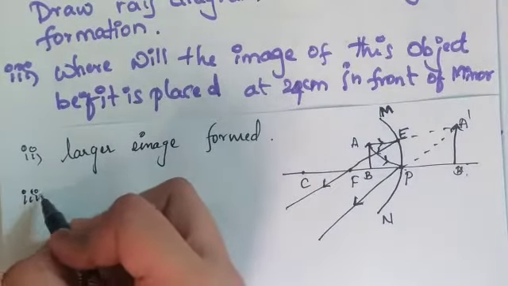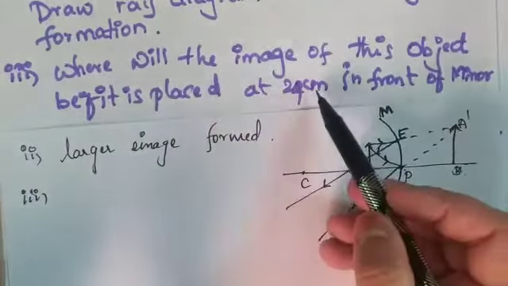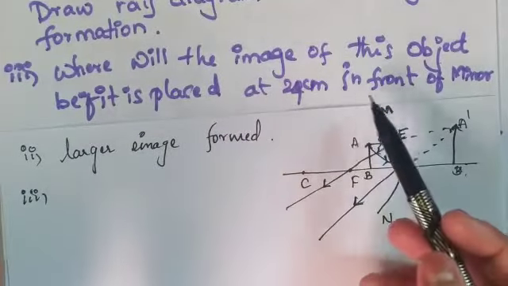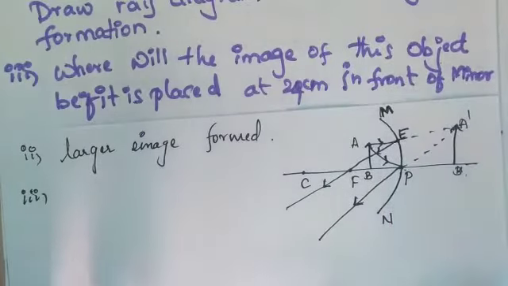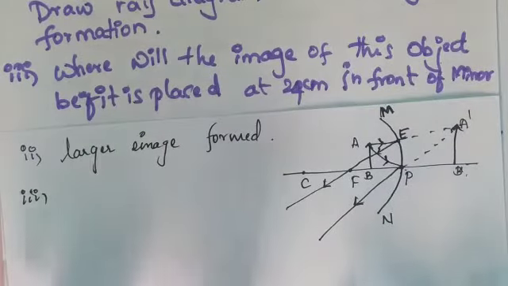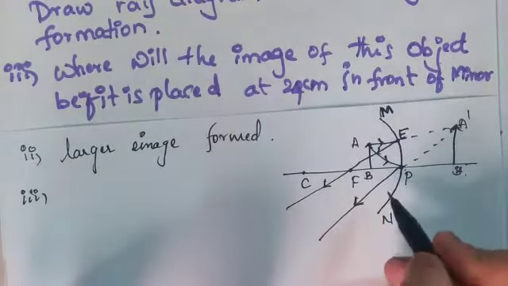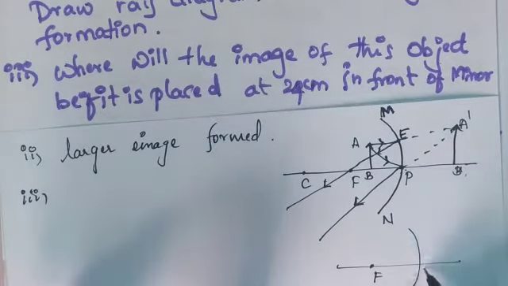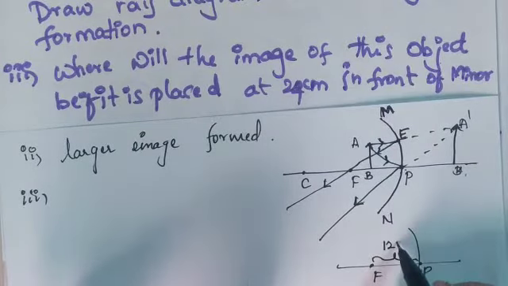What is the third one here? Where will the image of this object be if it is placed at 24 centimeter in front of the mirror? Now here the focal length is 12 centimeter, I'll draw once again a rough diagram. So this is the focus and the pole. This distance between them is 12 centimeter.